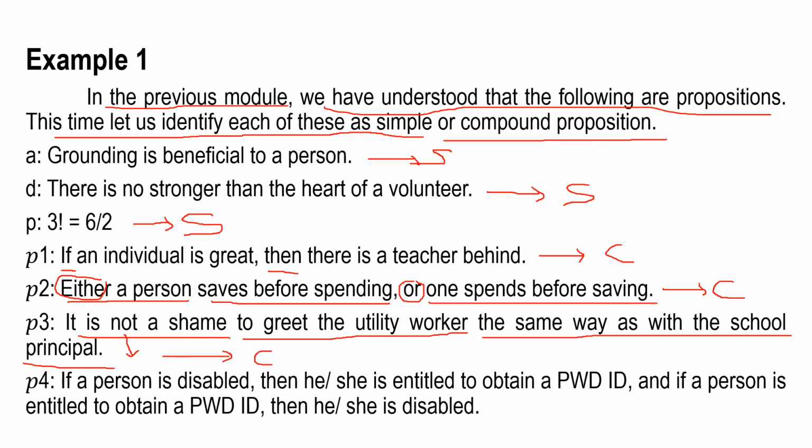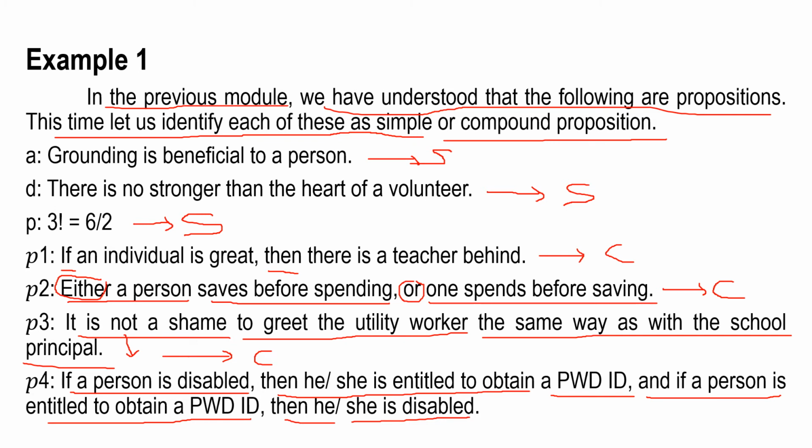So again, it's automatic that this proposition under P sub 3 is a compound proposition. Now, for the proposition under P sub 4: if a person is disabled, then he or she is entitled to obtain a PWID. And if a person is entitled to obtain a PWID, then he or she is disabled. So we simply use the if-then logical connector here to combine two simple propositions.